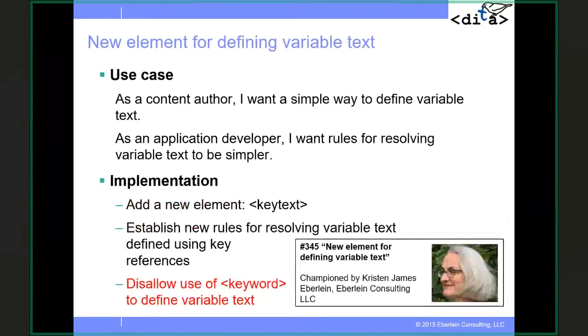And another proposal here that I championed is that we have a new element for defining variable text. And if you started using variable text beginning with DITA 2.0, defining variable text used by key references, for example, to define a company name or an application or product name, you probably quickly found that there are a whole bunch of different ways I can do this.